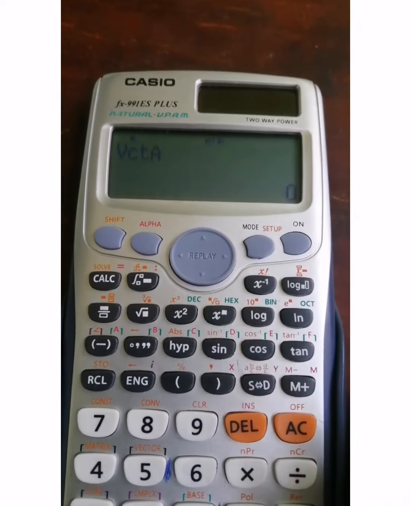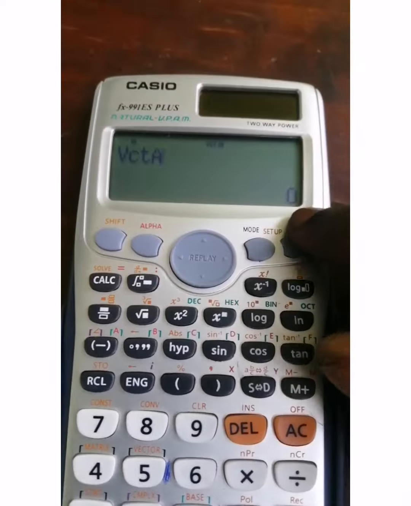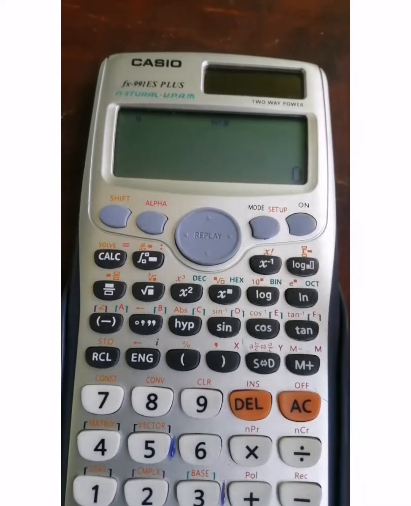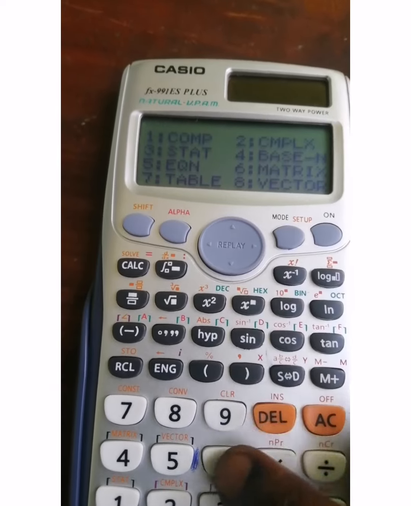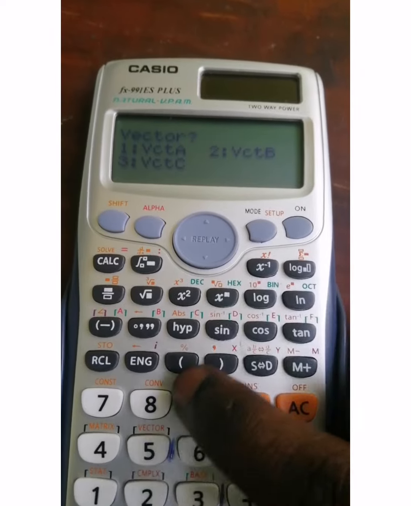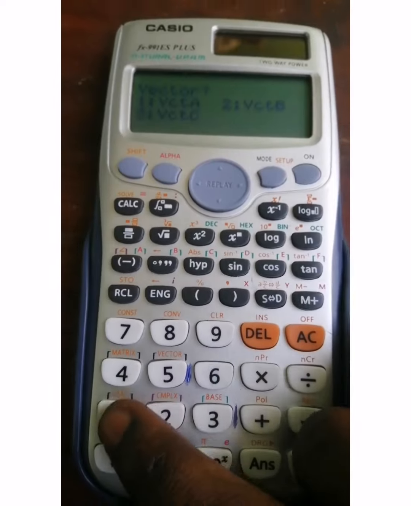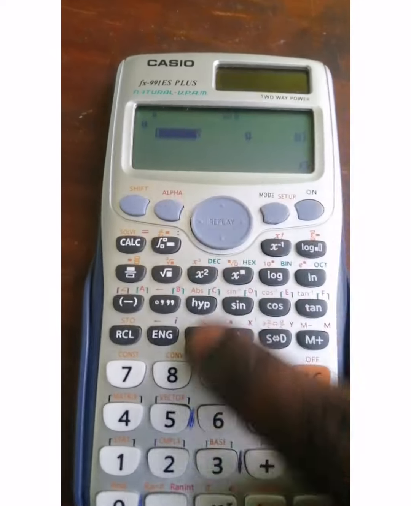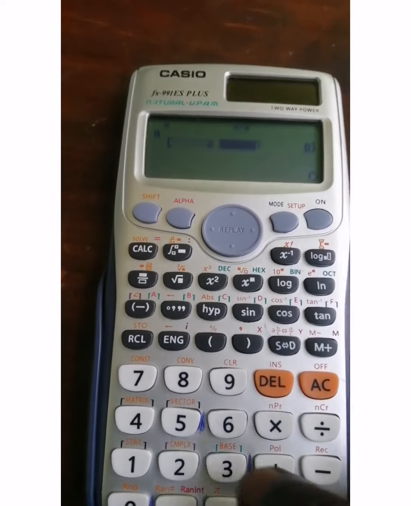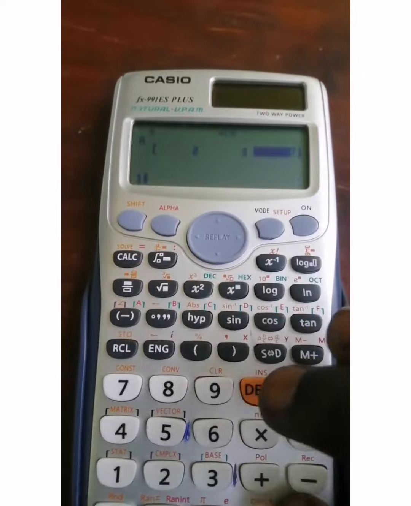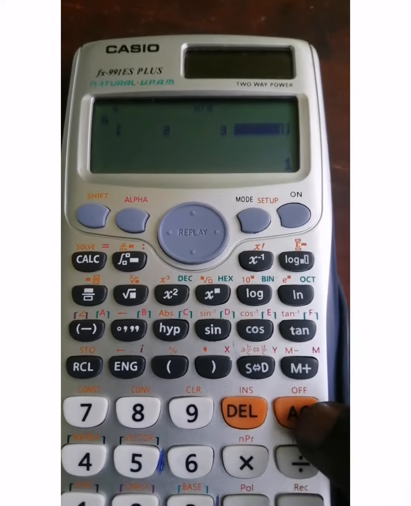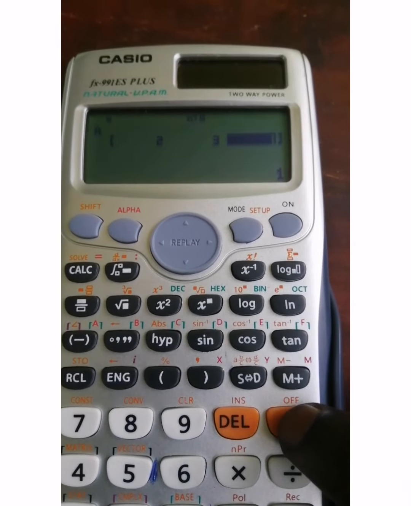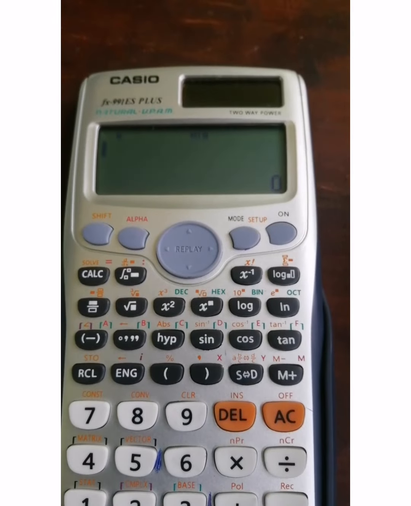This A will be dimensionless. Before you start with it, you must therefore put in the A. So you go here and you press 8. When you go to 8, you choose vector A, a 1/3 matrix vector. So I can choose 1, 2, 3, and 1. Now after you are done with that, you press AC. Are you getting it?